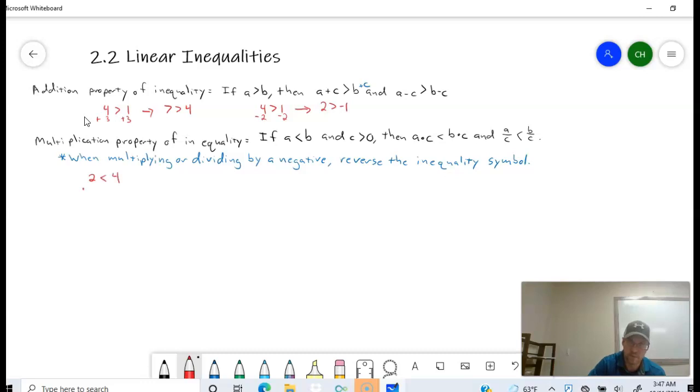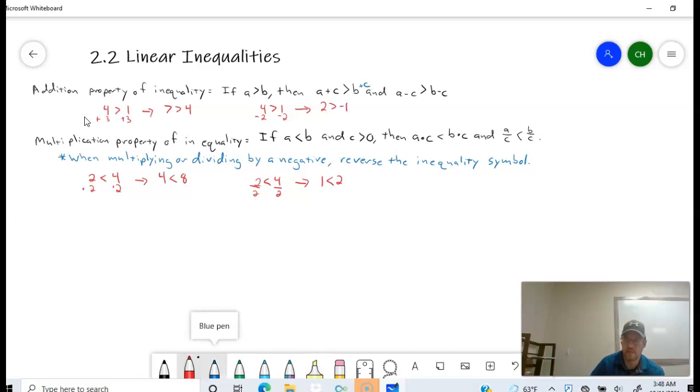If I multiply both sides by 2, I get 4 is less than 8. Still true. If I divide both sides by 2, I get 1 is less than 2. Still true. So I can multiply or divide both sides by a positive number and have the same result.